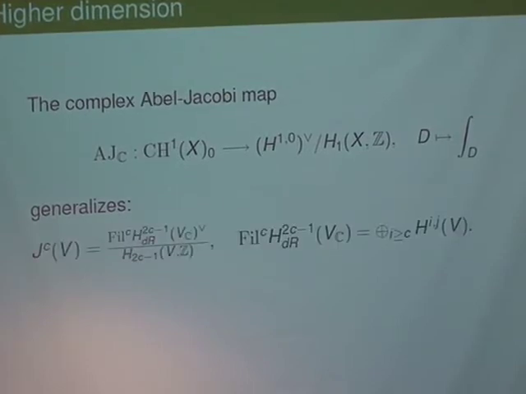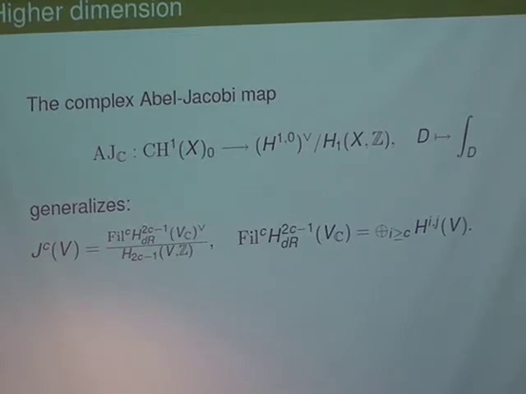So in general, you construct for any variety of dimension D, and any C, the same C that I was using before, what you call the intermediate Jacobian of this variety. So this is a torus. In general, this is not an abelian variety anymore, but it's a complex torus. So above we have a complex vector space, and below we have a lattice. So this is a complex vector space modulo a lattice. And this complex vector space is defined this way.